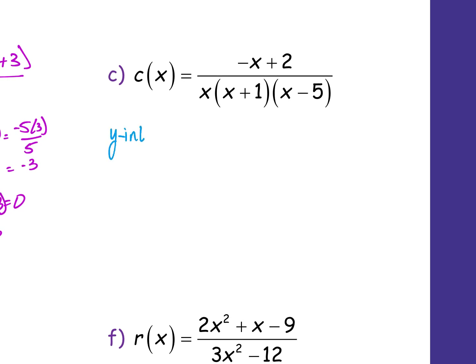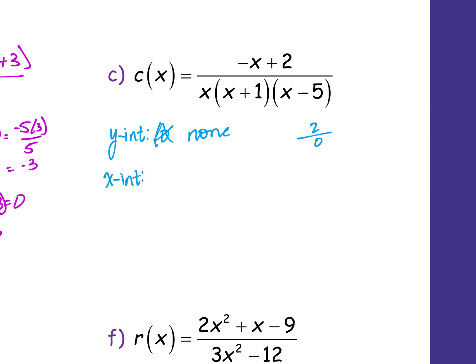Y-intercept is where everything's 0. So I've got 2 on the top and 0 on the bottom. So there are none. 2 divided by 0 is none.